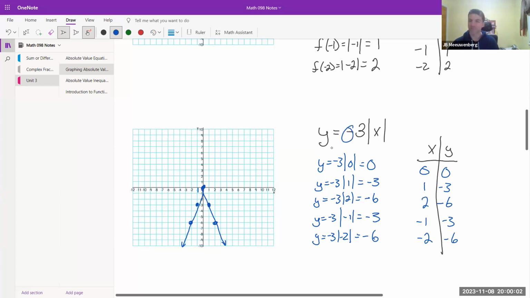Yeah, the negative made it upside down. And then it's also narrower. We have this 3 out front that makes it a little bit steeper, right? So our V gets a little narrower. So these absolute value functions are always going to graph a V shape, but they can also be going up, they can be going down, and they can also be wide, or they can be narrow.